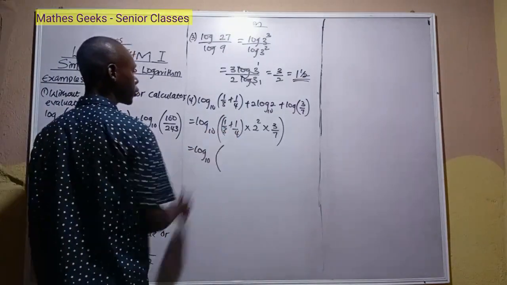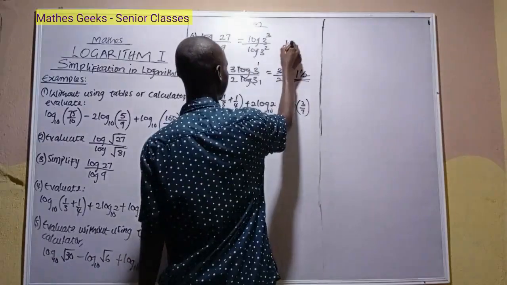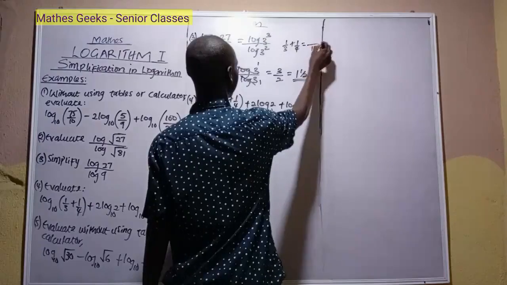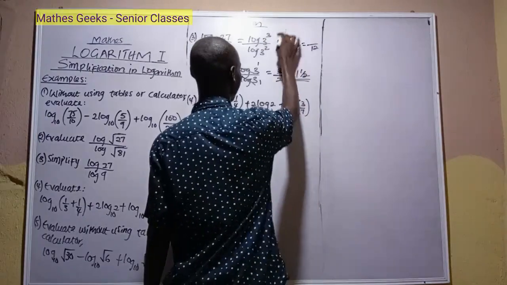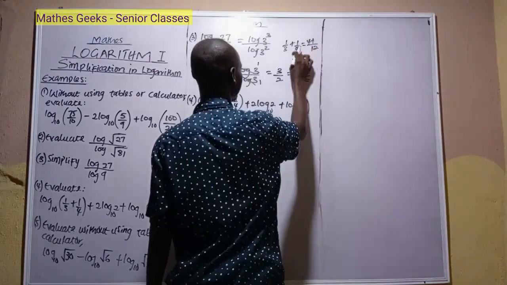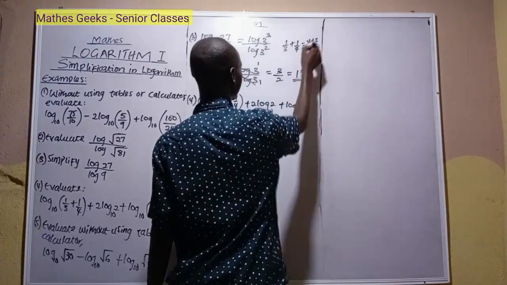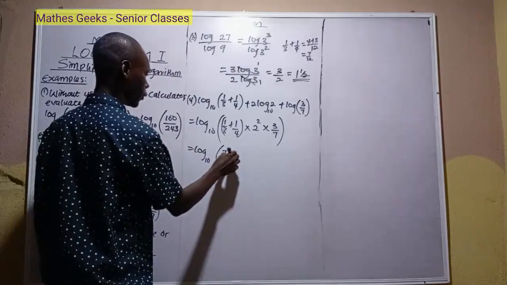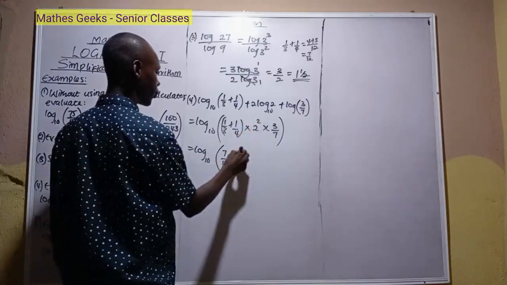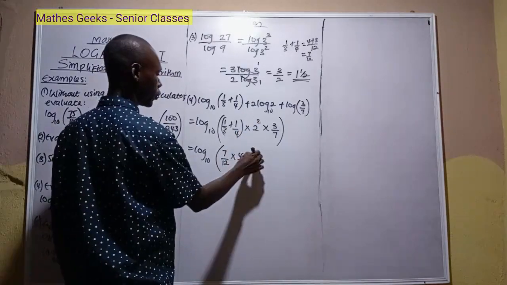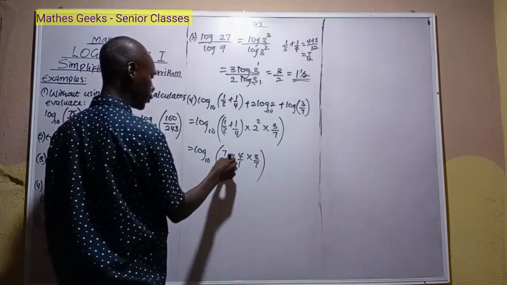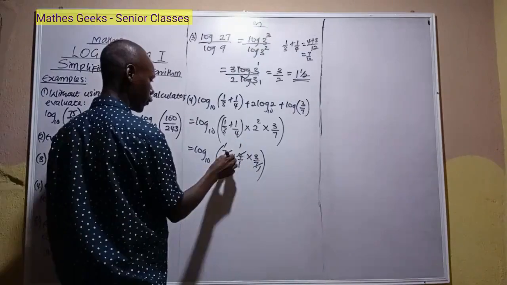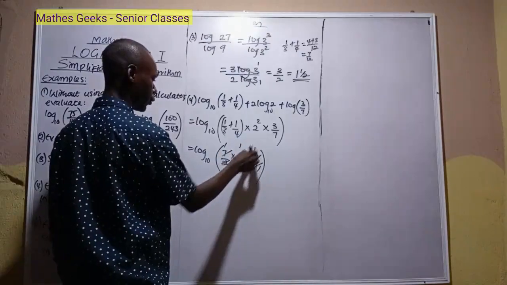So let's solve this. 1 over 3 plus 1 over 4. The LCM is 12. 12 into 2 is 4. 4 times 1, 4. 12 into 4 is 2. 3 times 1, 2. So we have 7 over 12. 7 over 12 times 2 raised to the power 2 is 4, times 2 over 7. So 7 here 1, 7 here 1. 4 here 1, 4 here 2, 2 here 1, 2 here 1.